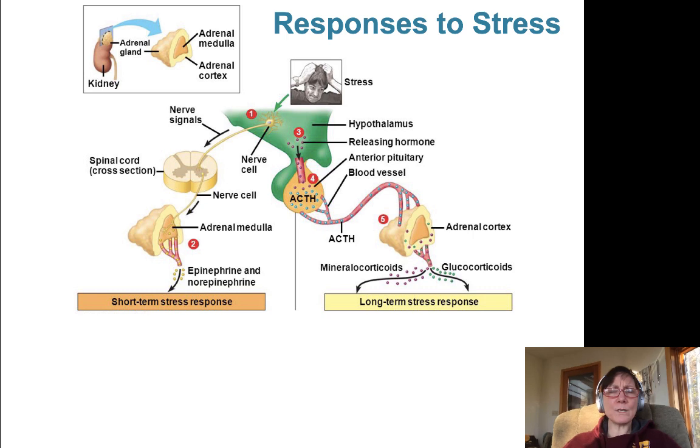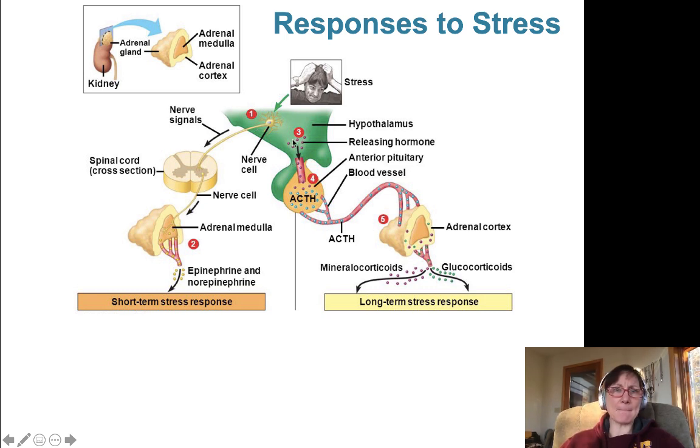When you're under stress, there are two consequences that are impacted by hormones. So what this diagram is meant to be showing you is here's your hypothalamus and then your pituitary in your brain, right?